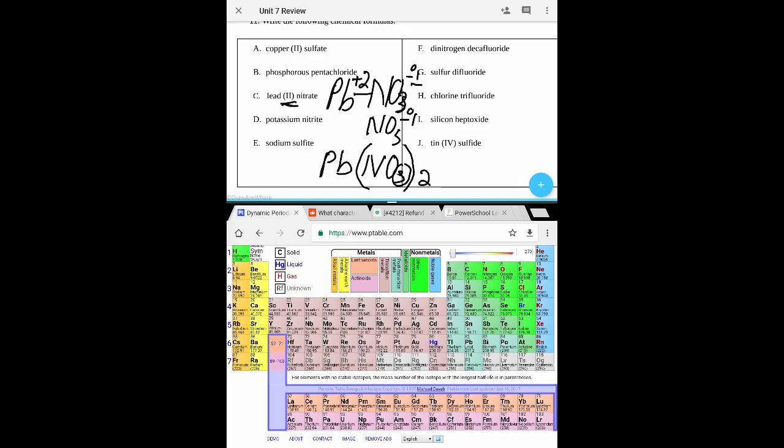Anytime you have nitrate, it has to be NO3. If we put this 2 next to the O, it's not nitrate anymore, okay? All right, now we are going to do a different kind of one.